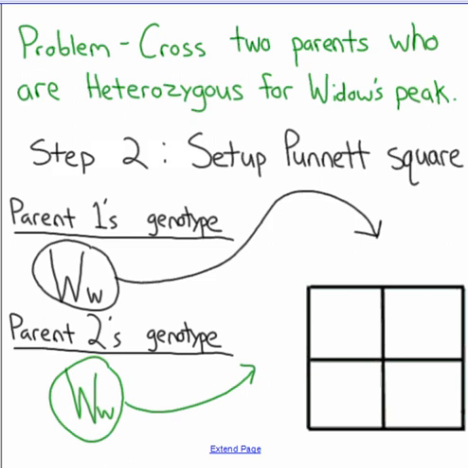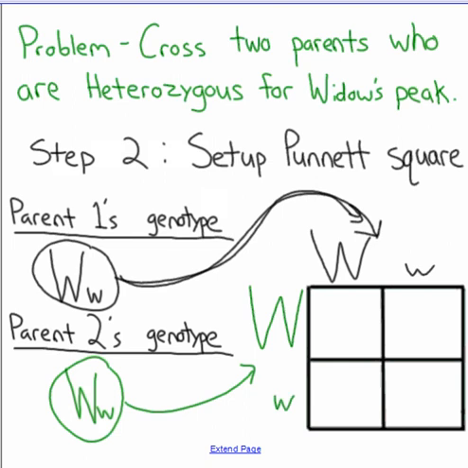So we're going to do big W, and then the other parent one's genotype is a little w. Parent two can either go on the top or the side. However, we've already done the top, so I'm going to put it on the side. I did it in different colors here. Parent one is represented in black, and parent two is represented in green.